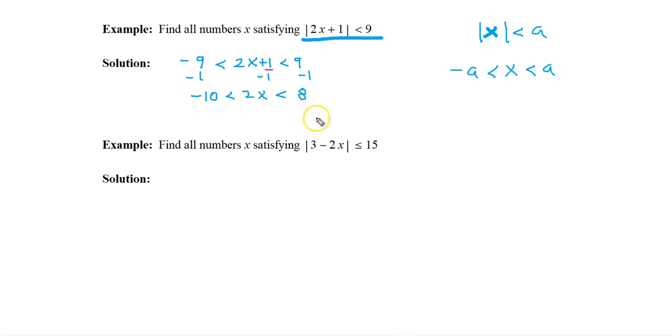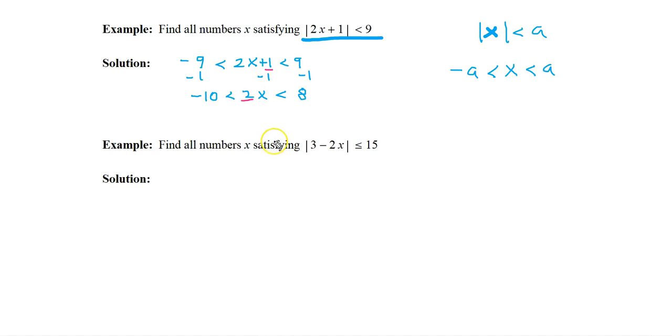Now what we'd like to do is get rid of this number 2 right here. So we'll divide everything by 2, or multiply by 1/2. Now you have to remember your rules when you're dealing with inequalities. If we multiply by a positive number, the inequality does not change.